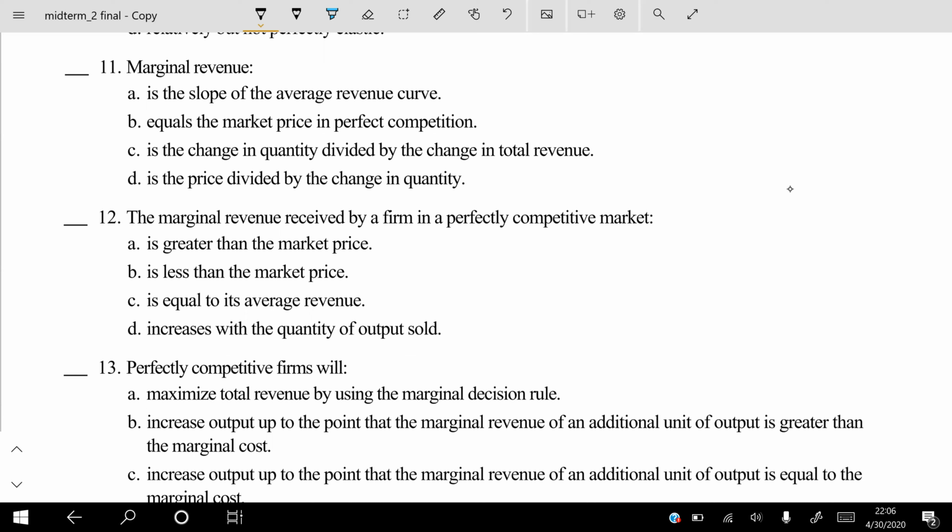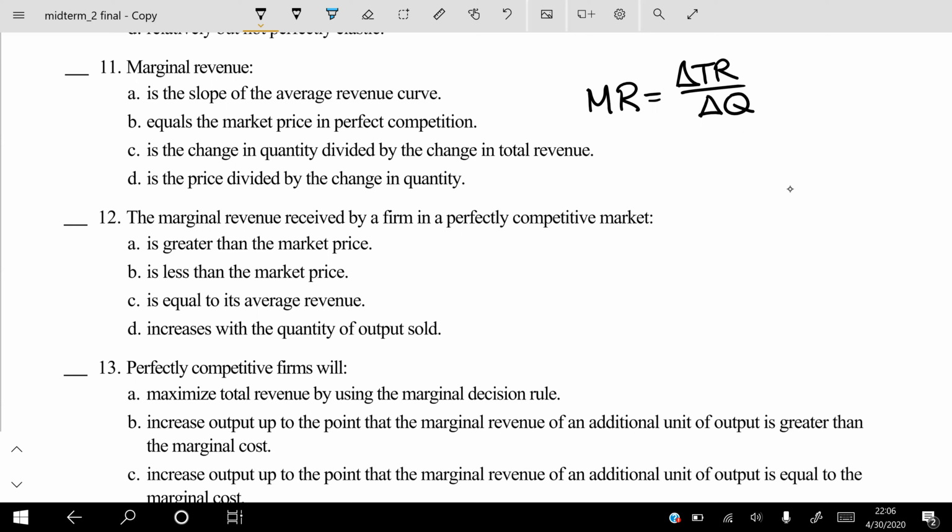11, marginal revenue. Well, remember, marginal revenue is the change in total revenue over the change in quantity, right? So is it the slope of the average revenue curve?